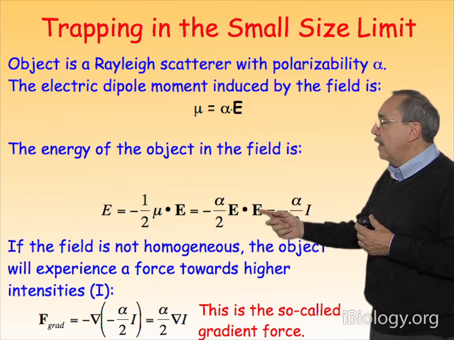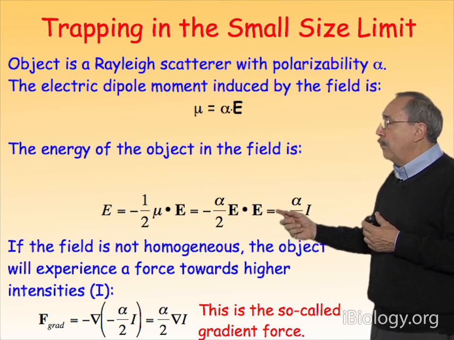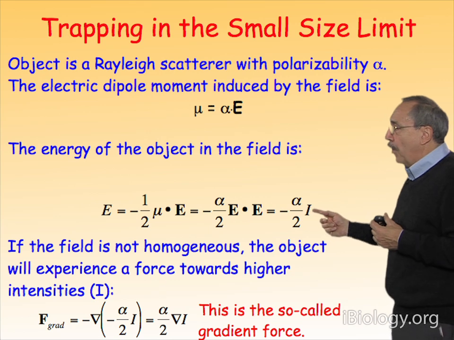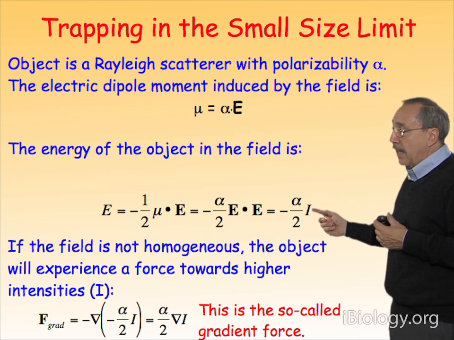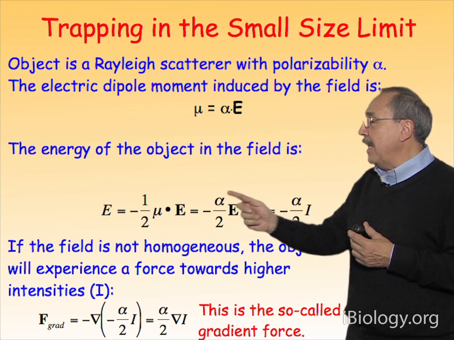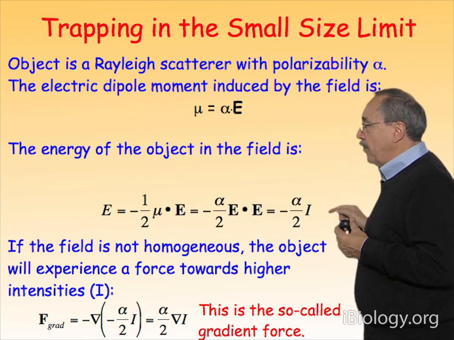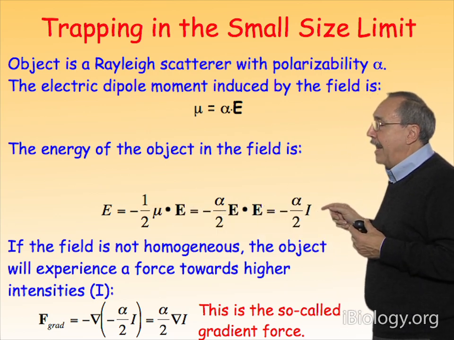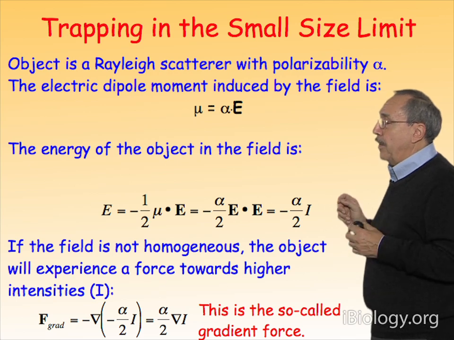So we obtain the square of the electric field, which is proportional to the intensity of the electromagnetic radiation, as shown here. In other words, the energy of the dipole in the field is proportional to the intensity of the light, right?